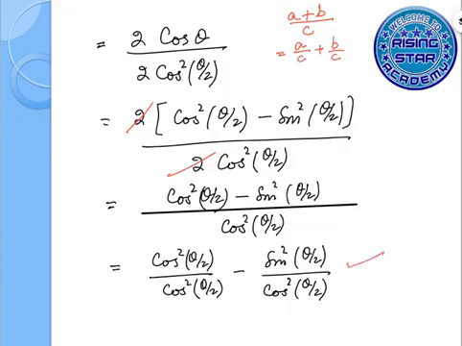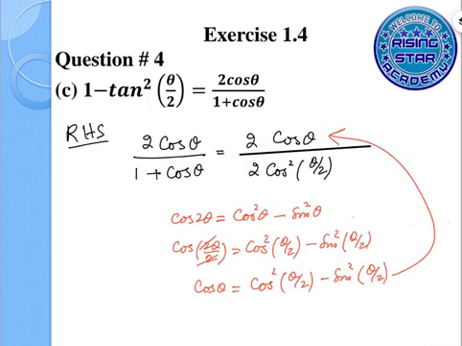So I did the same thing over here. I separate them. Now I will simplify. So this cos is going to be cancelled with this cos. We have 1 minus sine square over cos square, which will be written as tan square of theta by 2, and that is our required left hand side.